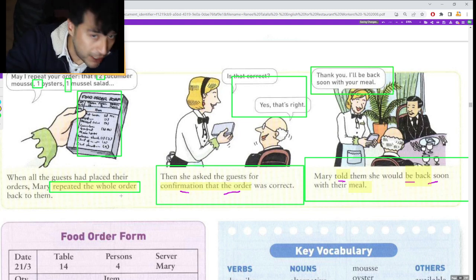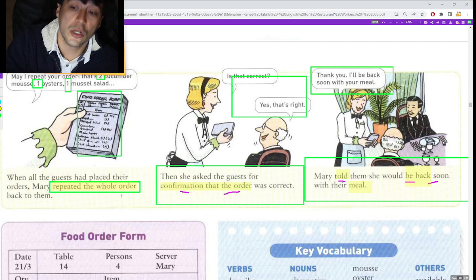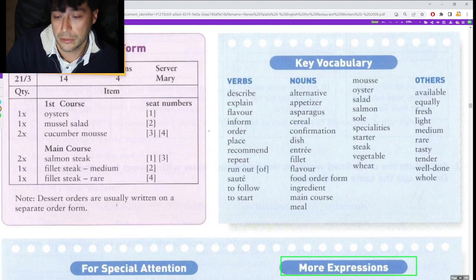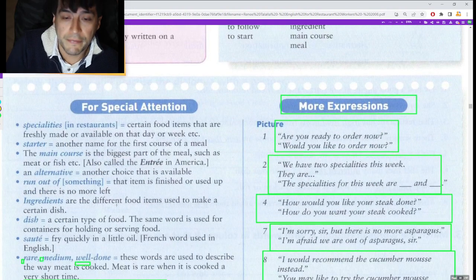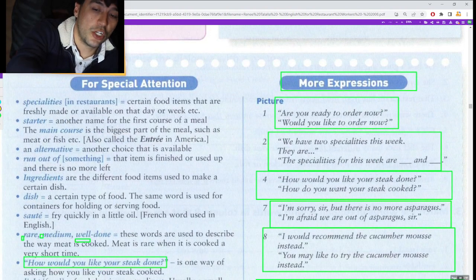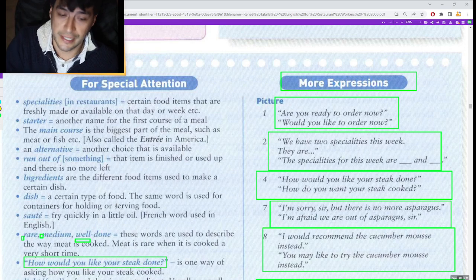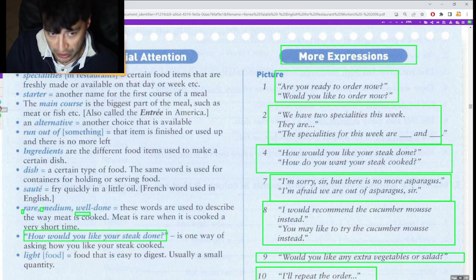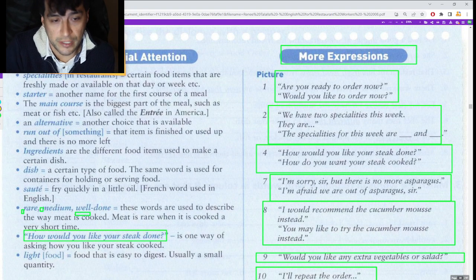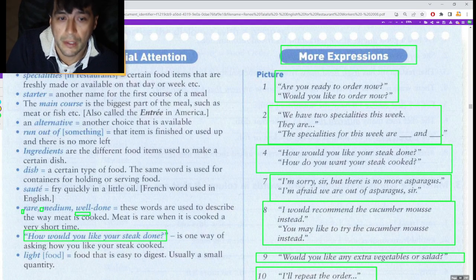Now these pictures, 12 skills, 12 abilities for the restaurant. We have the special attention. These are the skills. This is necessary for the skills. The specialties in the restaurant.